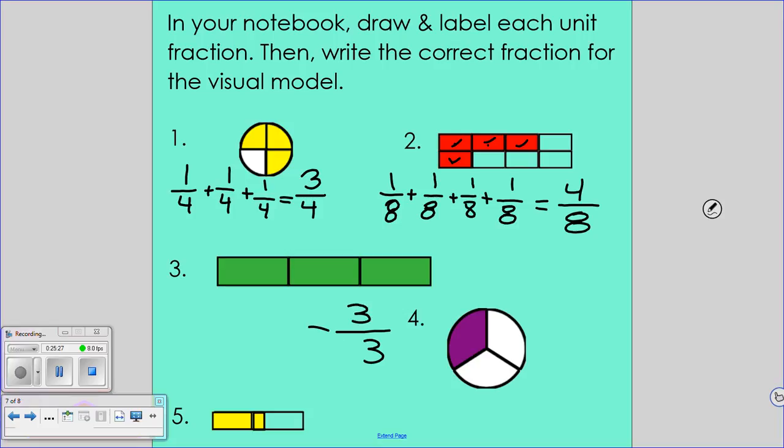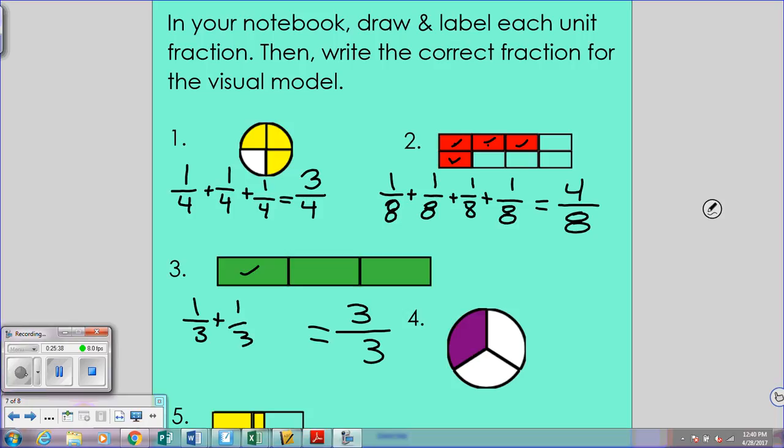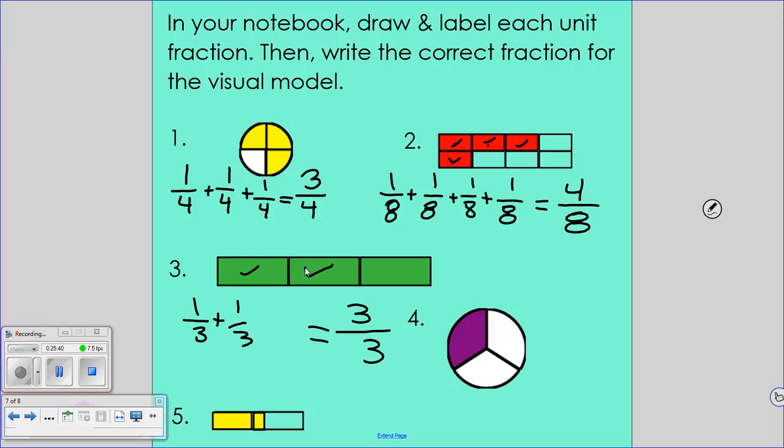Let's count the unit fractions. 1/3 plus 1/3 plus 1/3. So if you're having a hard time figuring out where these thirds are coming from, Corbin, 1/3 plus 1/3 plus 1/3 gives me a total of 3/3.